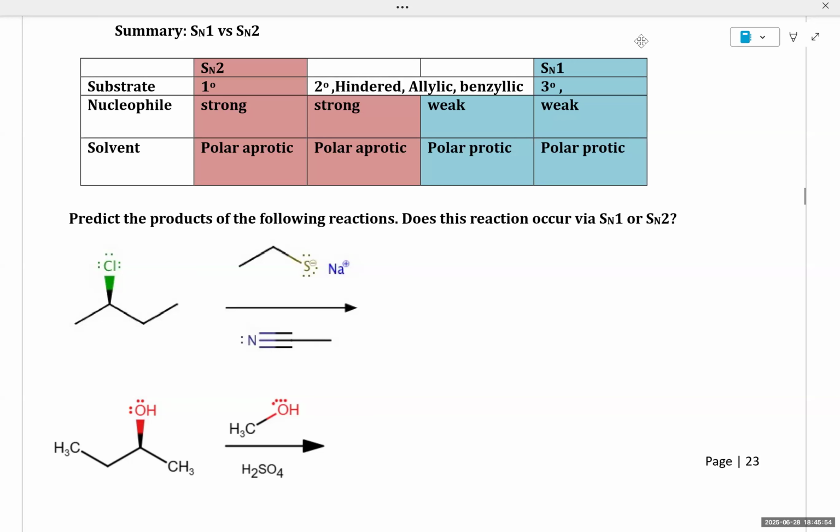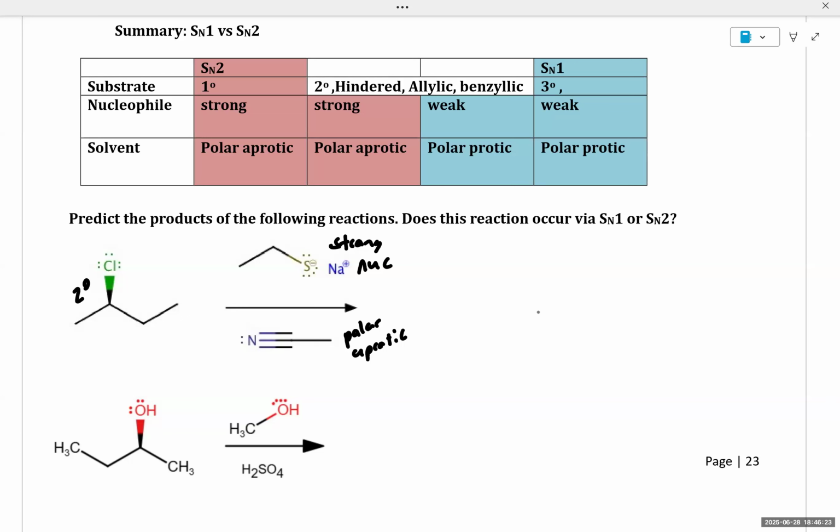Okay, so first and foremost, this is a secondary substrate. It's ambiguous. We have a very strong nucleophile. Sulfur-based nucleophiles are great nucleophiles. Now, we also have a polar aprotic solvent.